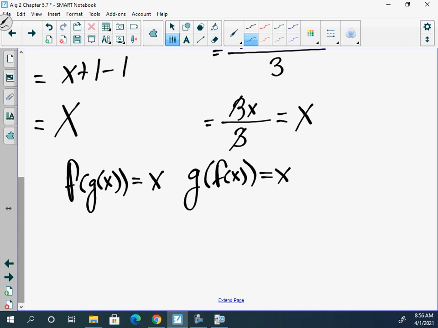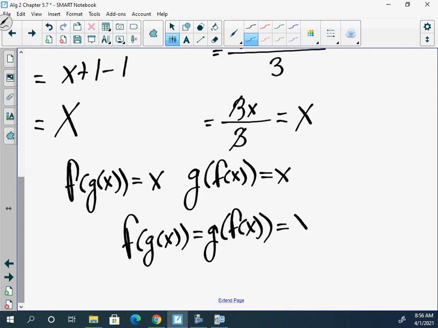So doesn't this mean that f of g of x is equal to g of f of x, which is equal to x, yes? So both of these gave us the exact same thing, yes? Yeah. So that means f of x and g of x are inverses.